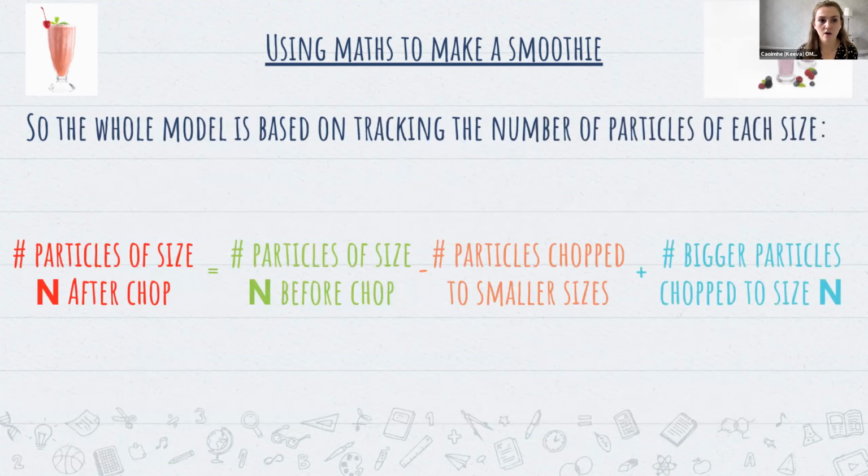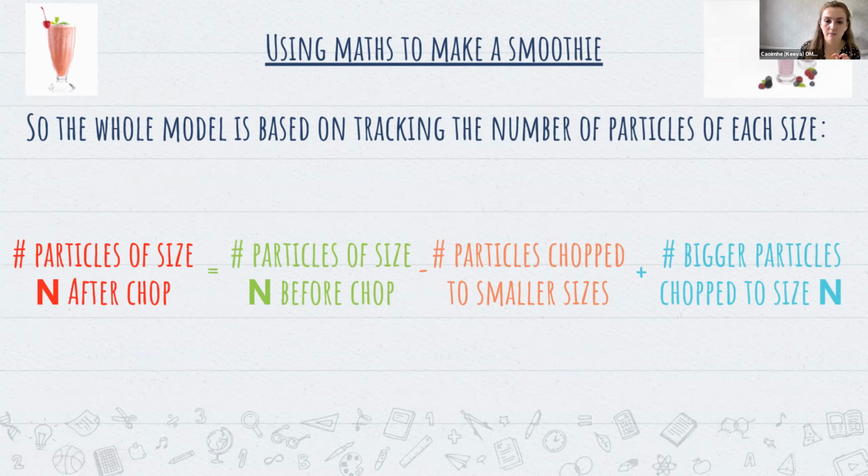And then effectively, the whole model was based on tracking the number of particles of each size. This is obviously not a very good equation because there are no real numbers or symbols. We're using it in words, but bear with me. After every chop, we look at the number of particles of size n. The way we figure out that number is we look at the number of particles of size n before the chop.